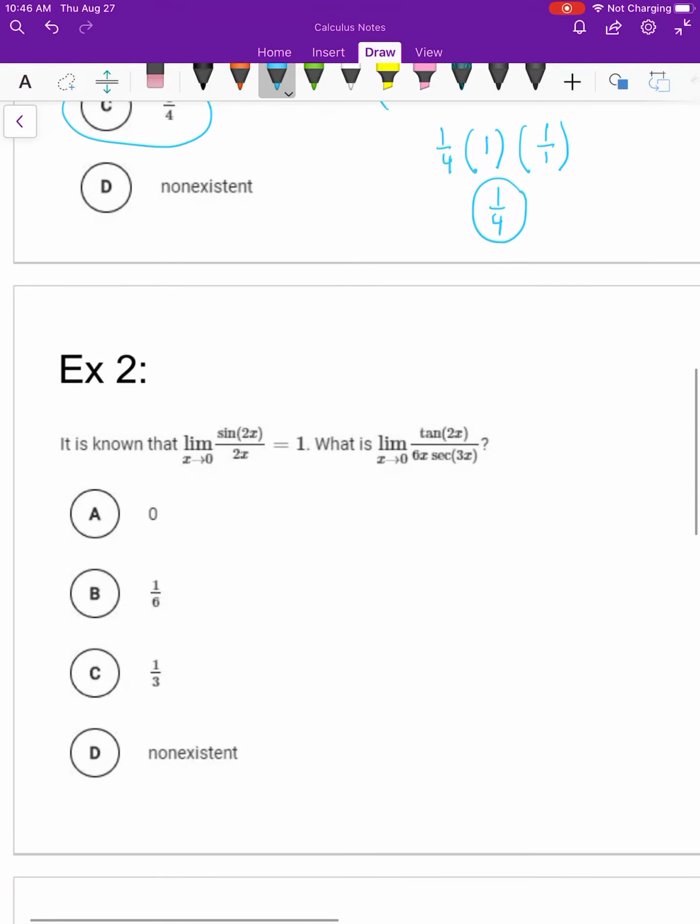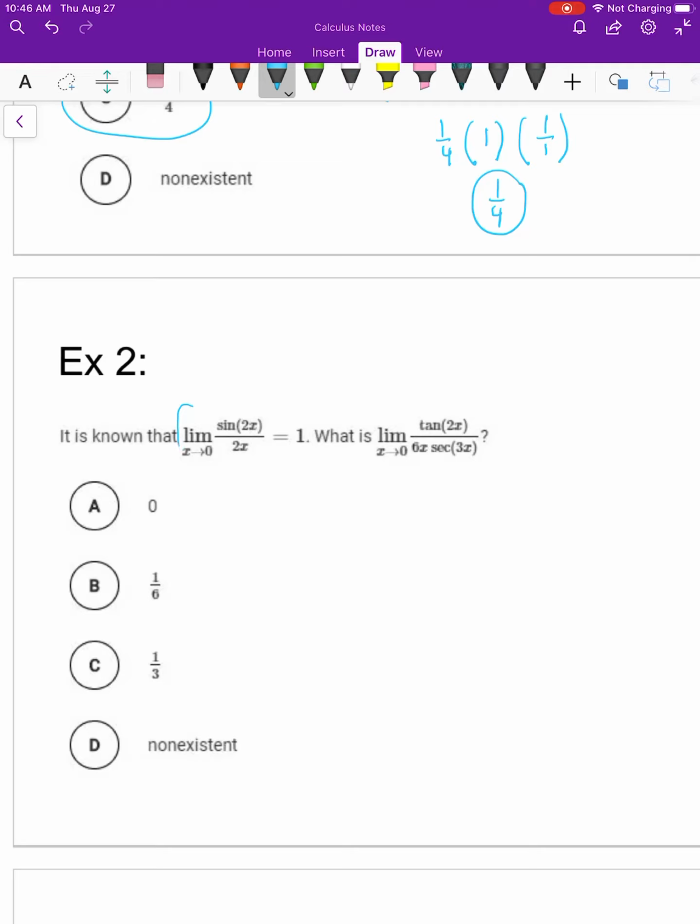Example number 2. Again, they have given us that you know that the limit as x goes to 0 of sine 2x over 2x is 1. I am going to have to use it to solve this problem. So let's start by just breaking everything down into sine and cosine.